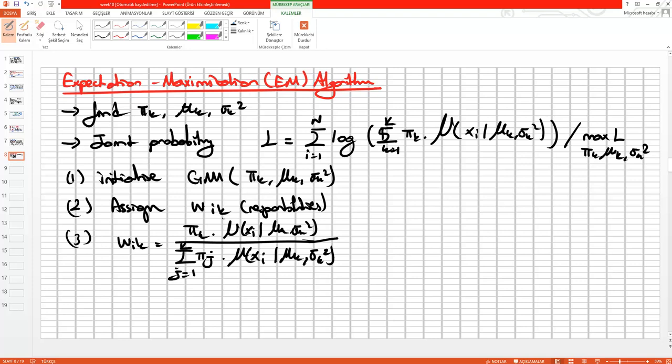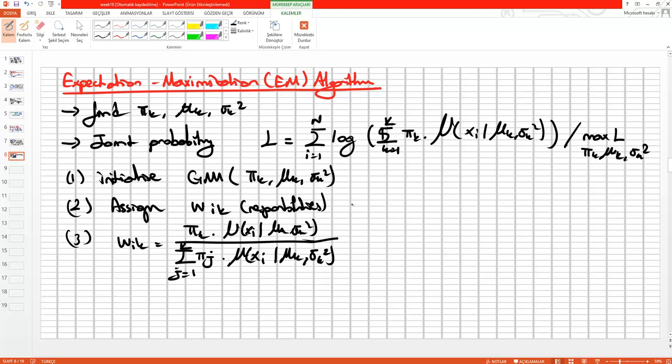This is the total probability, and this is each class probability. And so this responsibility demonstrates how the pk or the other parameters affect the total probability. This is called the responsibility.